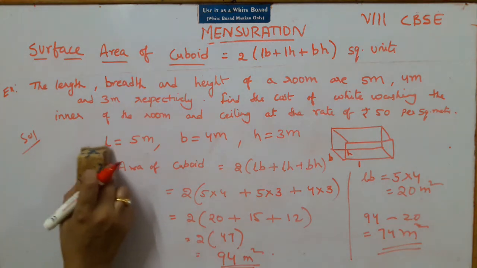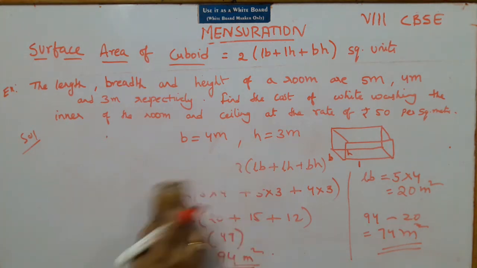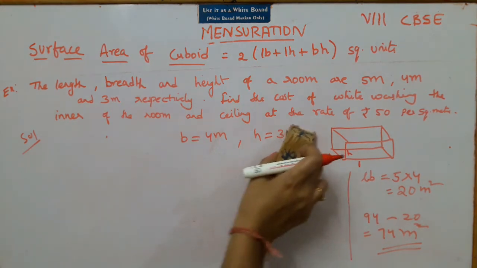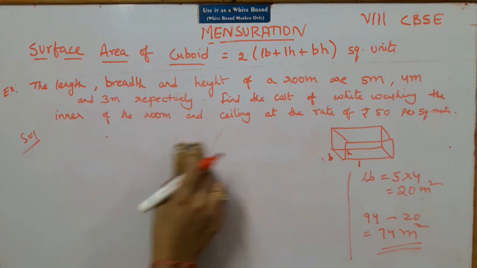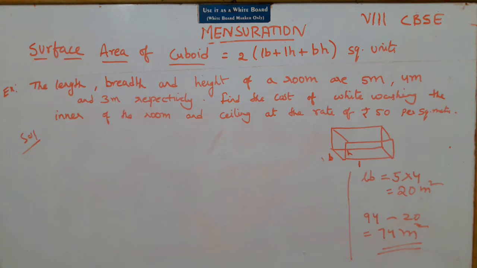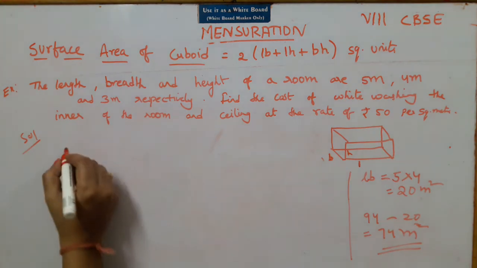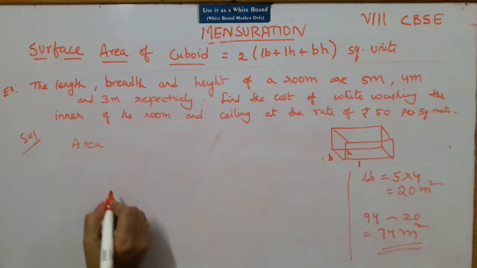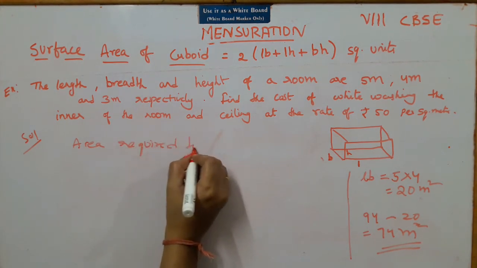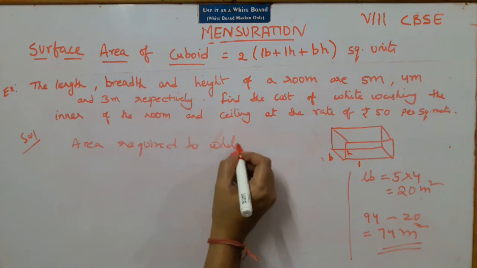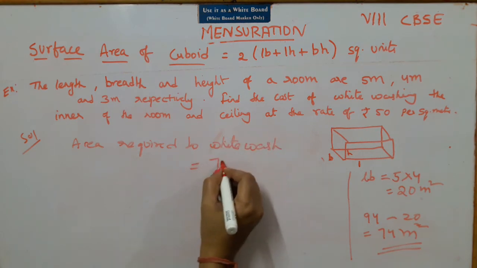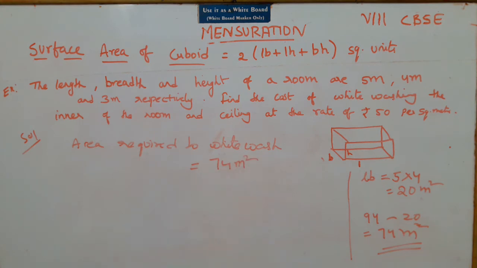Area required to whitewash is 74 meters square.